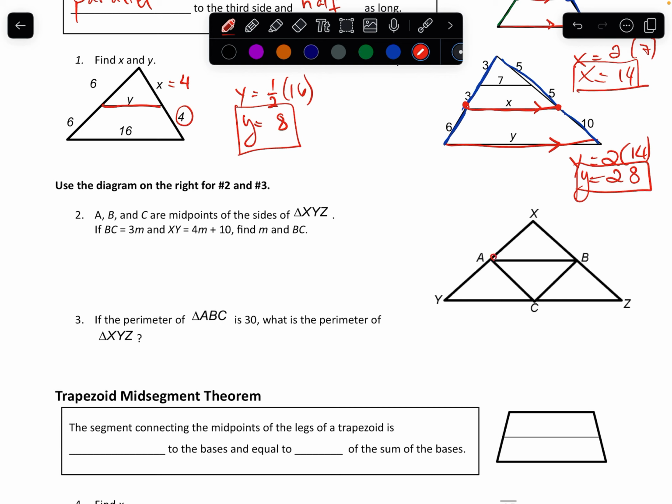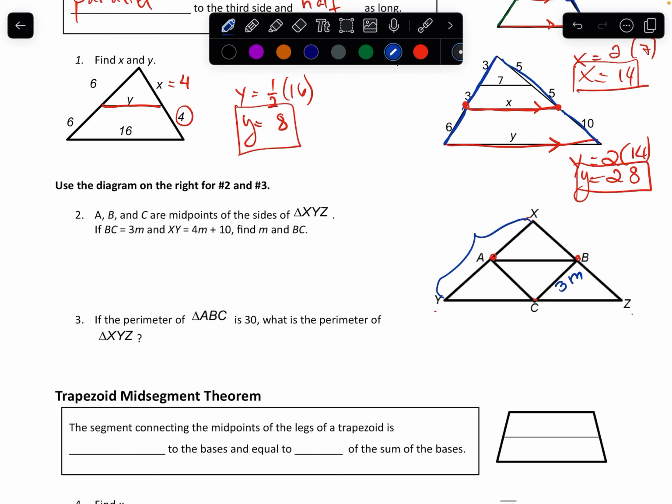Now let's go here. A, B, and C are midpoints. So these are all midpoints, right? They're in the middles of triangle XYZ. Now if BC is 3m, so let's write 3m right here.